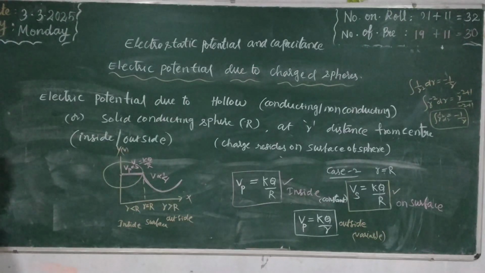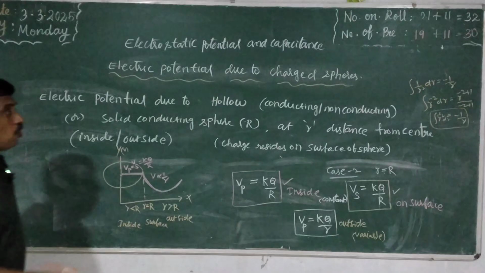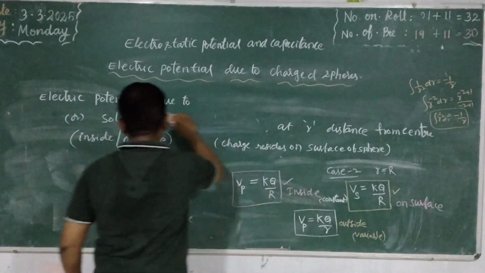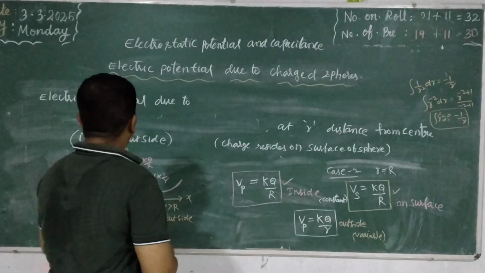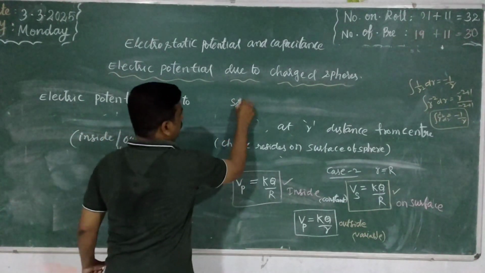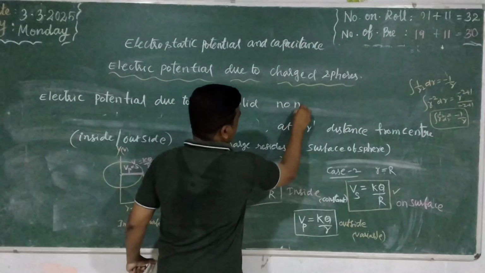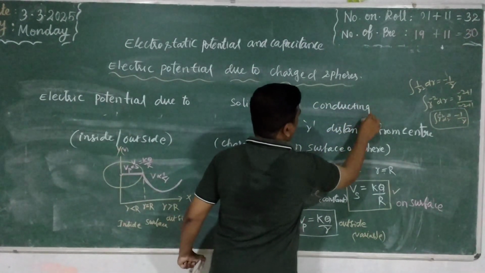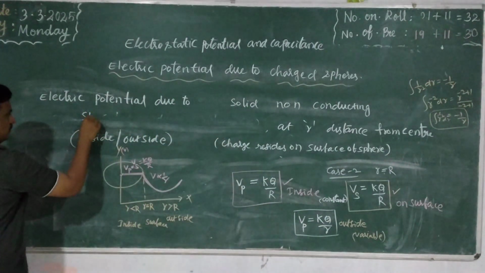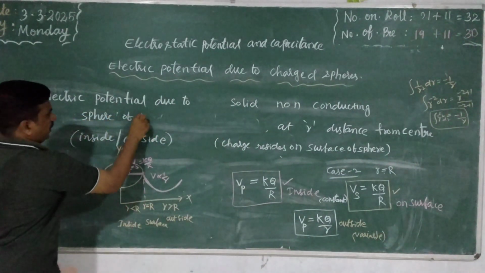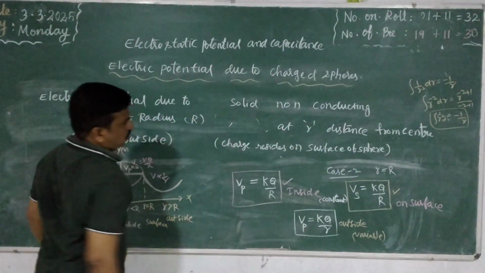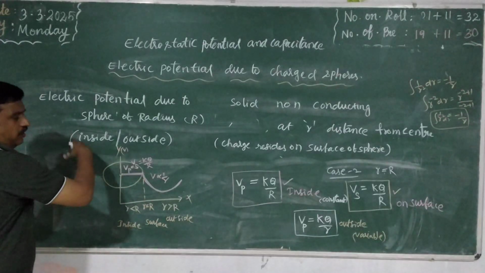Next we discuss electric potential due to a solid non-conducting sphere. I write here, solid non-conducting sphere of radius capital R, at a distance from the center, inside point, outside point.